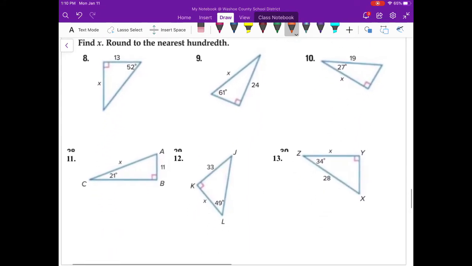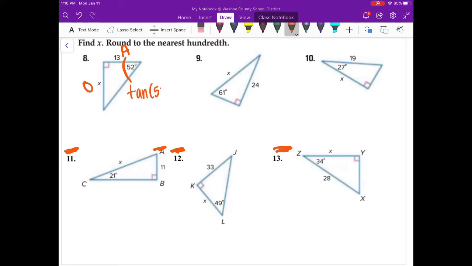For these, we are going to round to the nearest hundredth. Sorry, these numbers look funky, just ignore that. So solve for the missing variable. Let's just do number 8 together. If I'm using the angle 52, this is opposite and this is adjacent. So think about SOHCAHTOA.